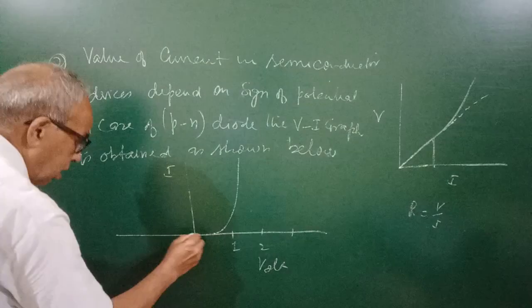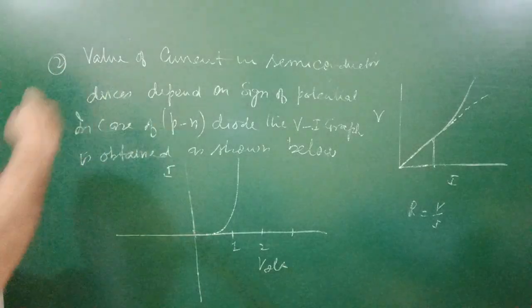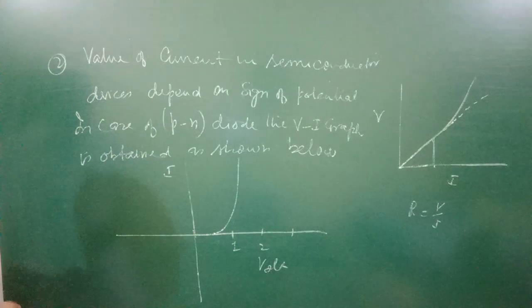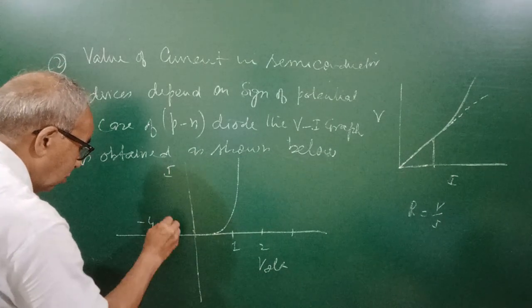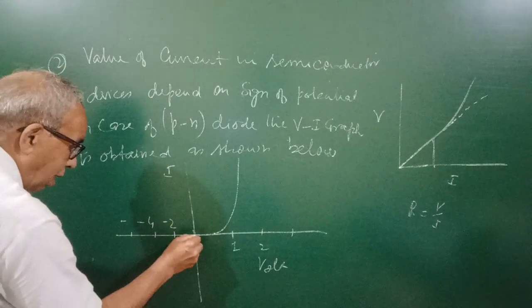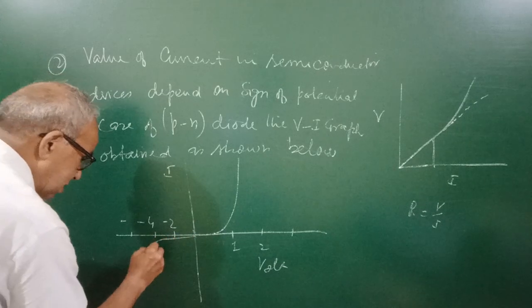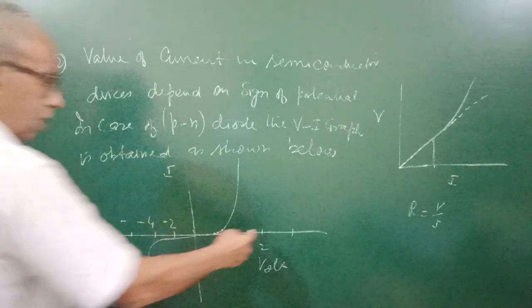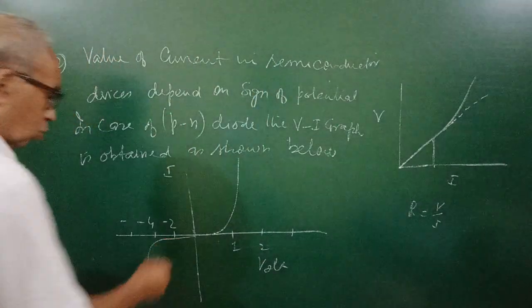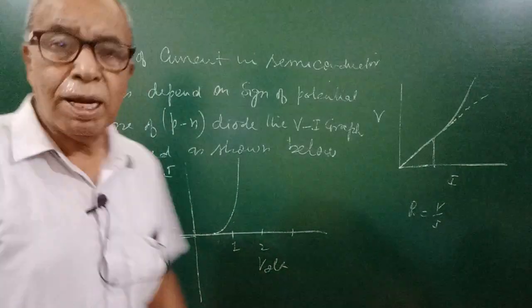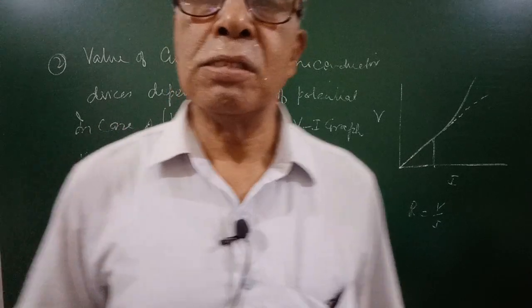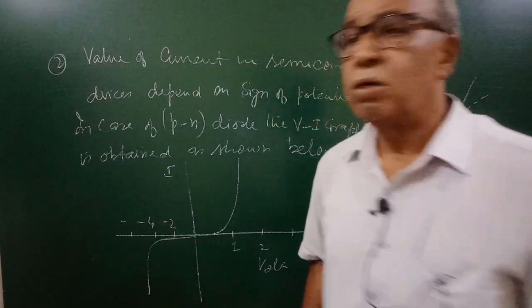And if we change the voltage sign, minus 2 volt, minus 4 volt, the graph comes like this. So here at 2 volt there is infinite current, and here it is small. So here Ohm's law is not ultimately valid.